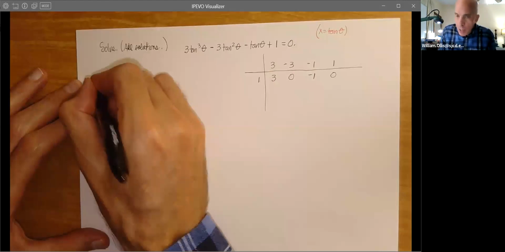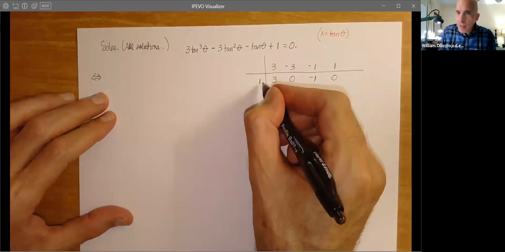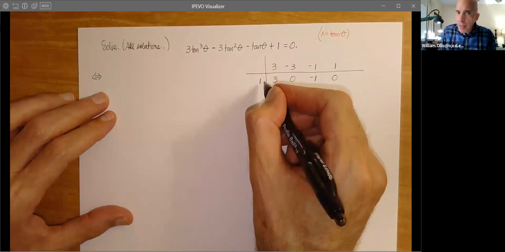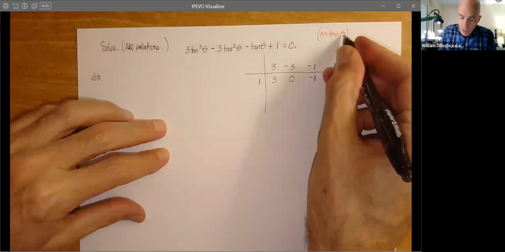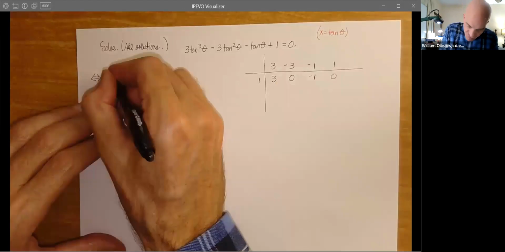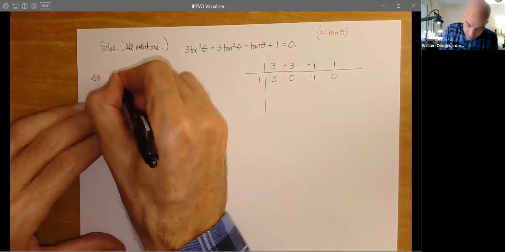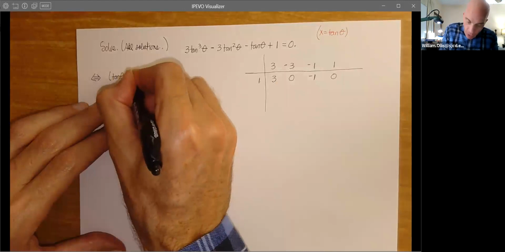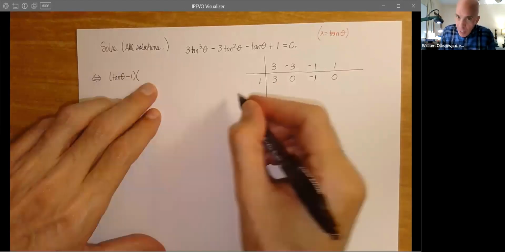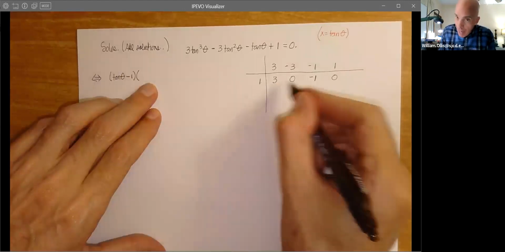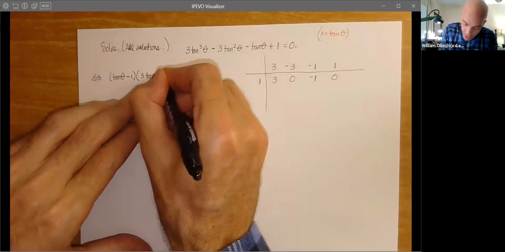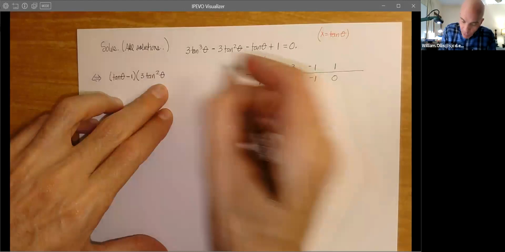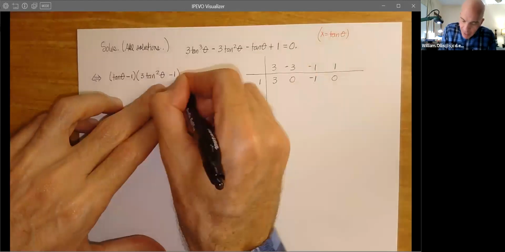Now if 1 is a zero, then x minus 1 is a factor, or tangent theta minus 1 is a factor, right? And what's the reduced equation? 3 tangent squared minus 1. So 3x squared minus 1. So same technique that we've used.